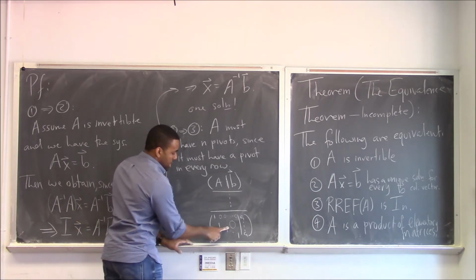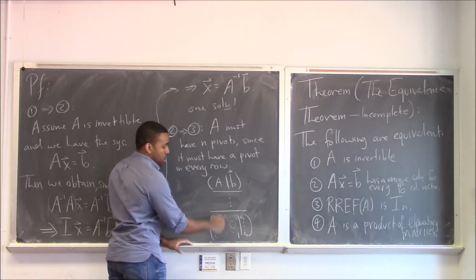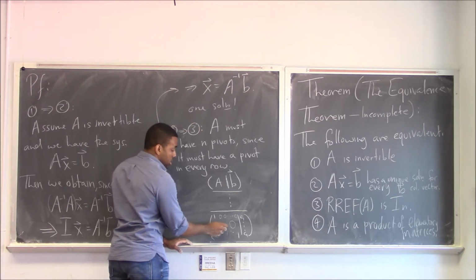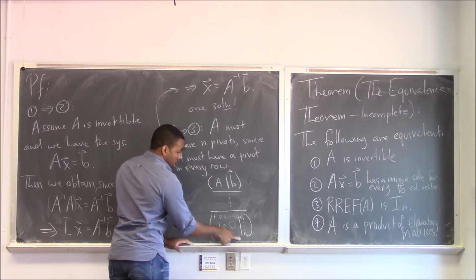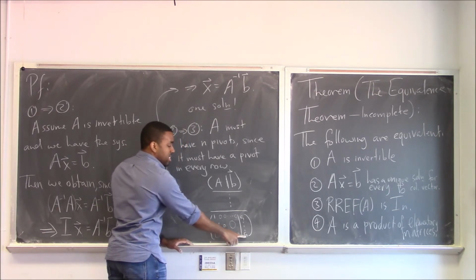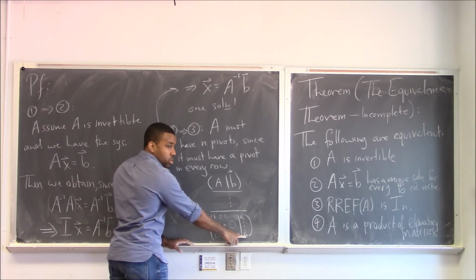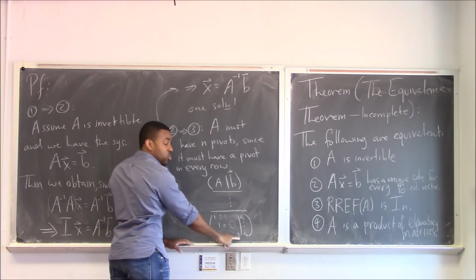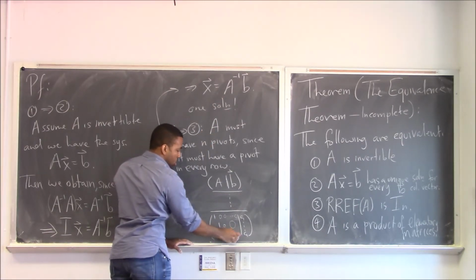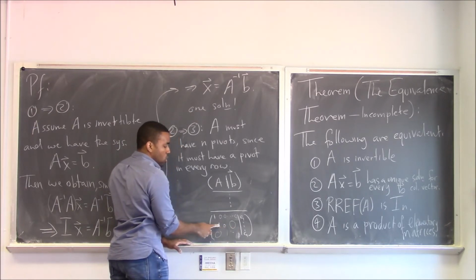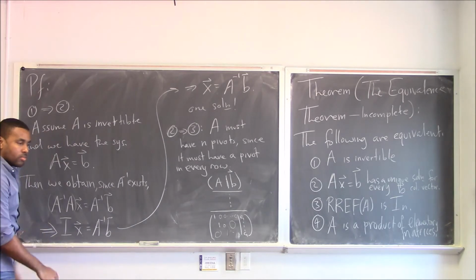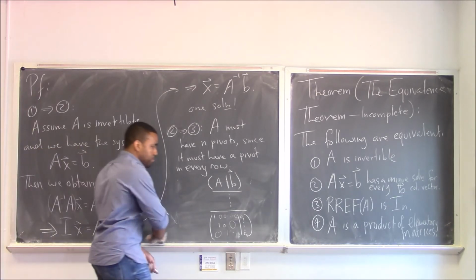Because if there isn't a 1 in every row, it means that column gets to be a parameter, and you end up with infinite solutions. As well as if you have a row of all zeros, then if that guy is non-zero, you'll end up with no solution, right? But we know the solution exists, so this case will never happen, and it's also not the case that you won't have a pivot somewhere else, because you'd have to be able to solve for everybody.